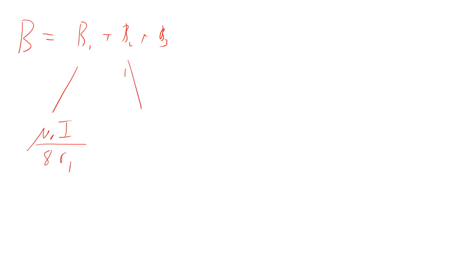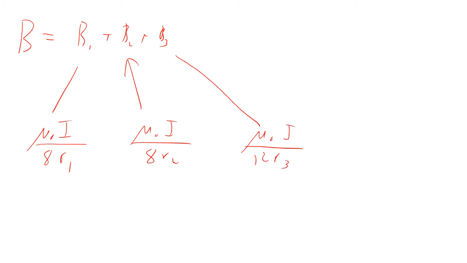All right, so that means the total magnetic field, okay, B1 plus B2 plus B3. So B1 was mu naught I over 8 R1. B2 was mu naught I over 8 R2. That was mu naught I over 12 R3. Well, we're not quite done yet because we need signs in here.